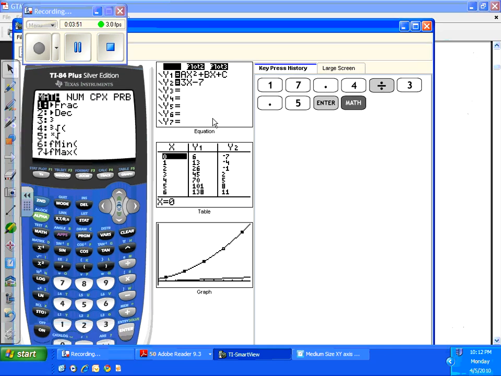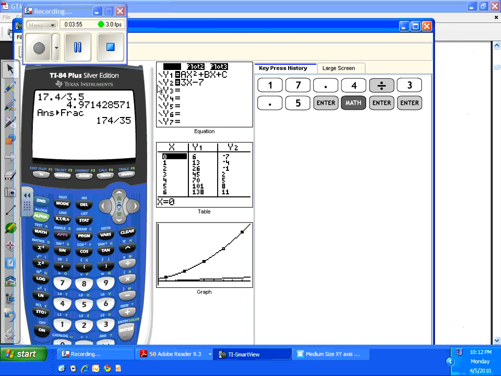The first choice is fraction, so you'd enter and see if it comes out to be a nice, pretty little fraction, which it does. So we could make a mixed numeral out of it or leave it as an improper fraction and get an exact answer. So an exact answer would be 174 over 35, this mixed numeral, or if you would like, we'll allow you to round here to 4.97.